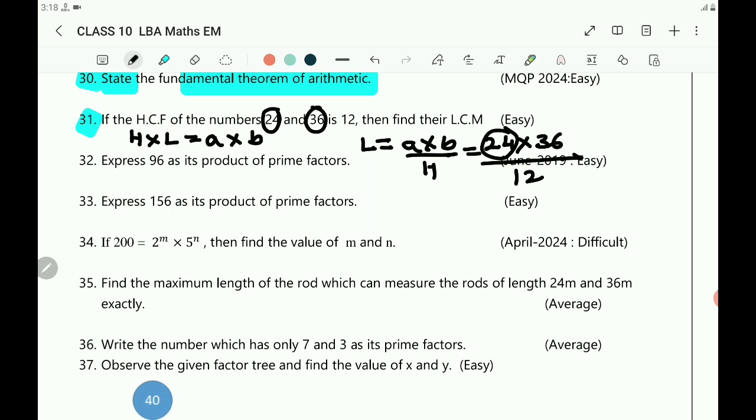Both 24 and 36 are in the table of 12, so you divide any one number. 12 ones are 12, 12 threes are 36. Then 24 threes are 72. So what is the answer? 72 is the answer. That is the LCM. Then you can write LCM equals 72.